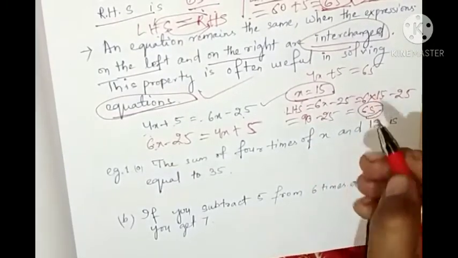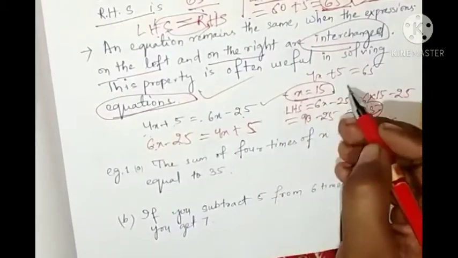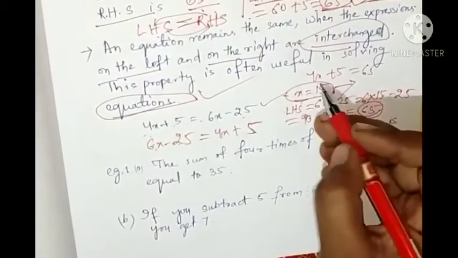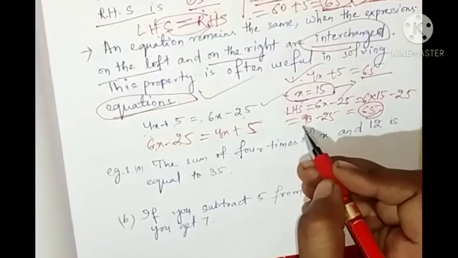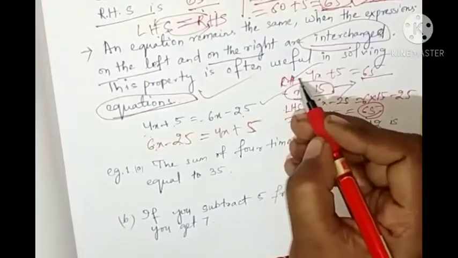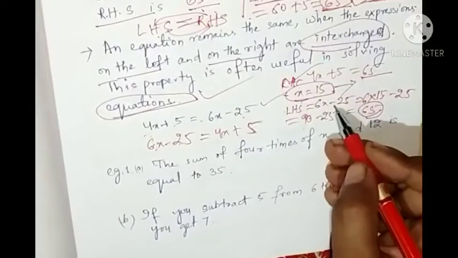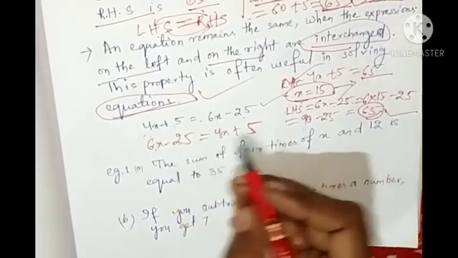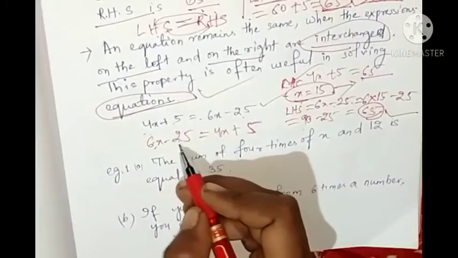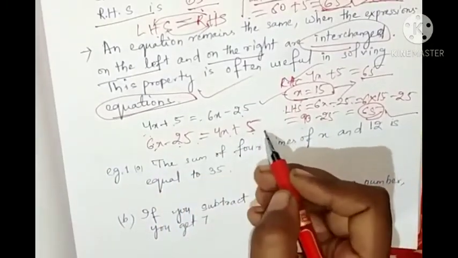So look here, at x equal to 15, 4x plus 5 is 65, and 6x minus 25 is also 65. So 6x minus 25 is equal to 4x plus 5.